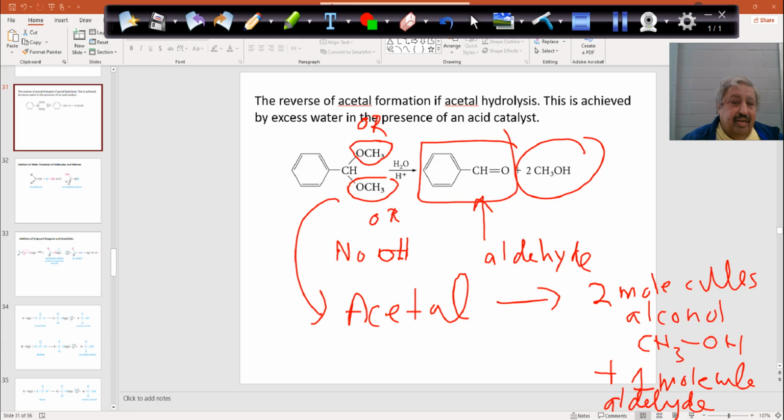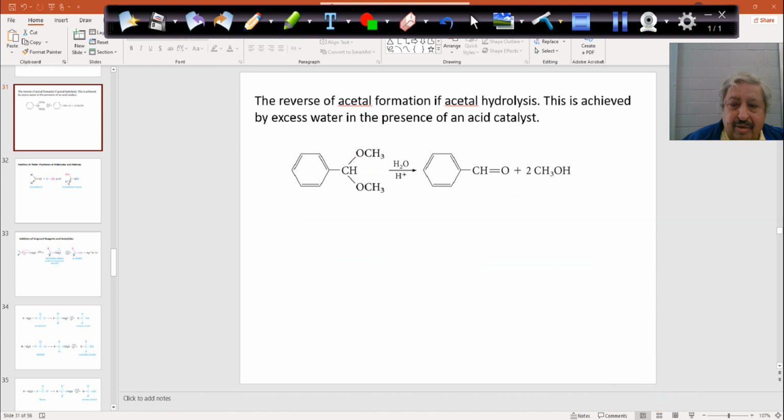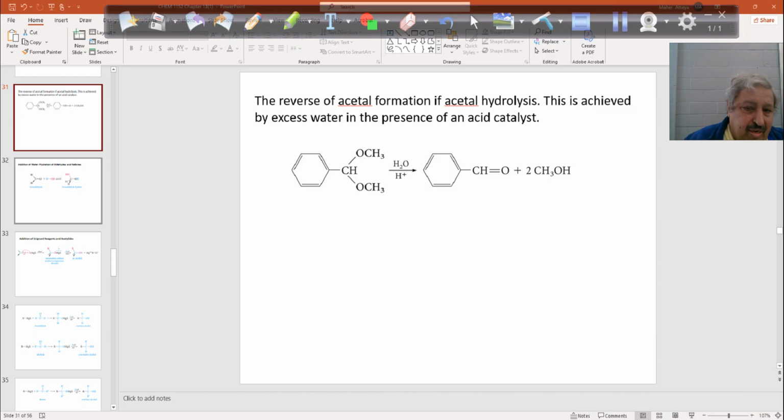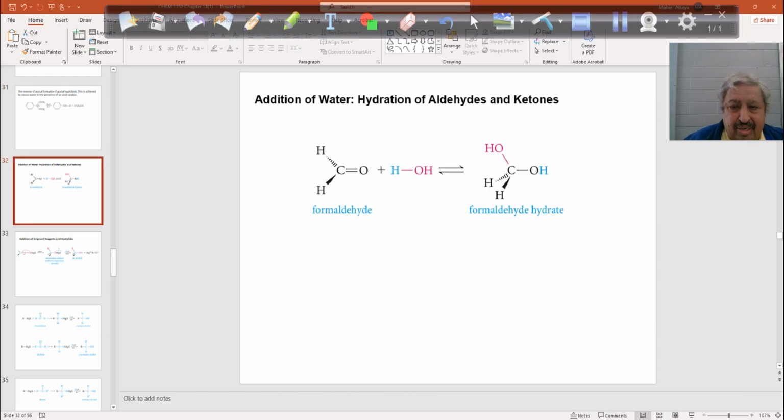And this is an aldehyde. That's benzaldehyde. Okay, guys, so that's what I want you to learn, but don't worry about having this mechanism and all this. This is the mechanism here, the same thing.